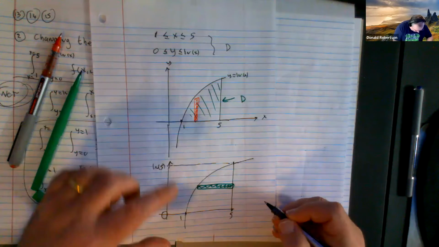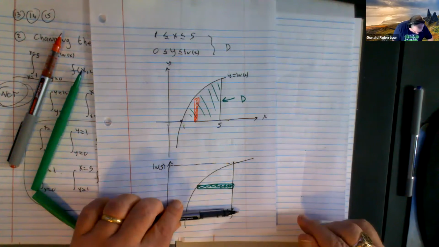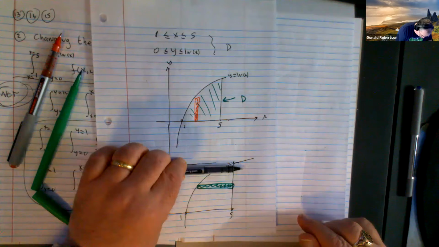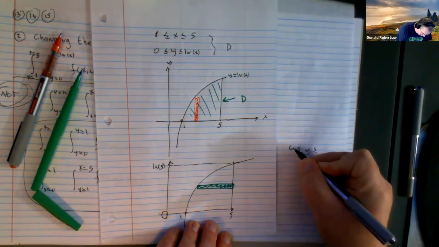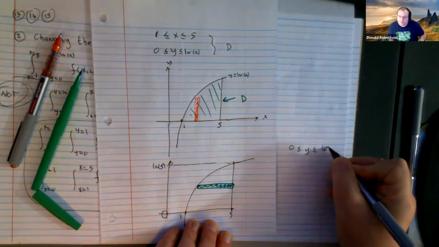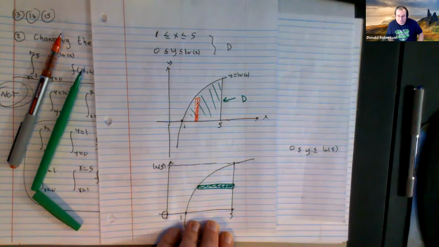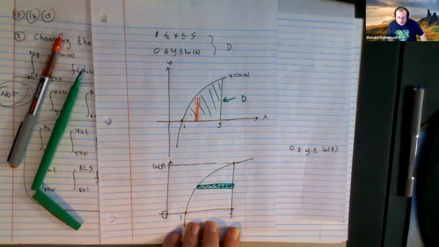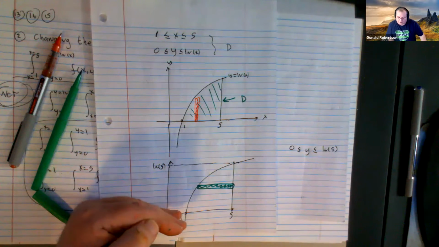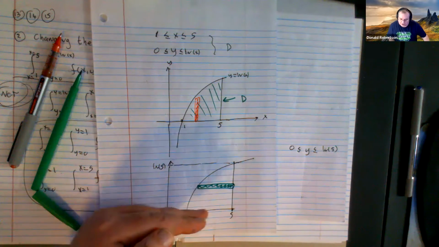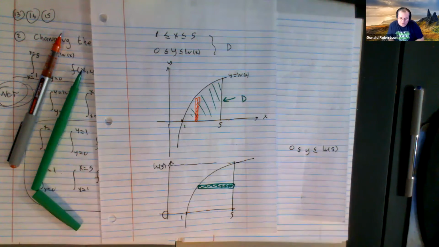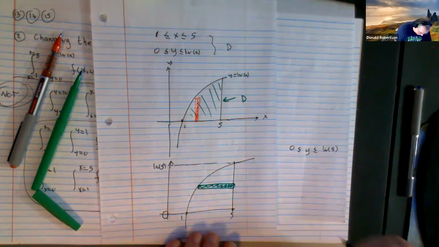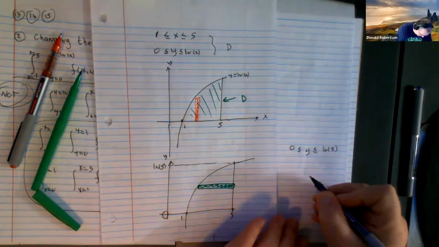If you scan from the bottom to the top, you're going to do y values from 0 to log 5. Are you comfortable with that? At the bottom, y is 0, and as you scan to the end of the shape, won't y be log 5?